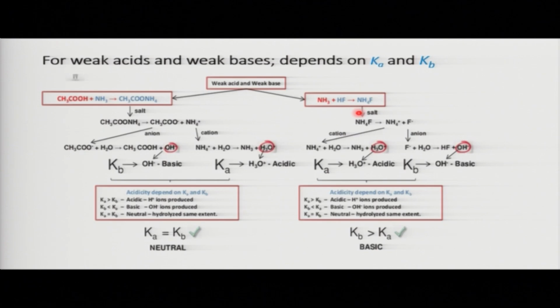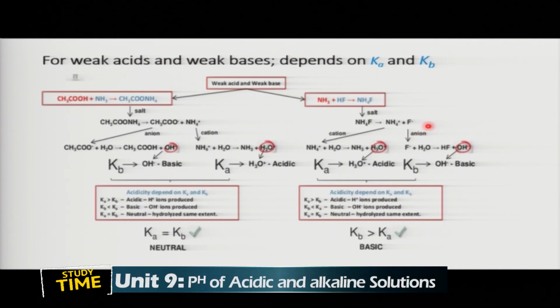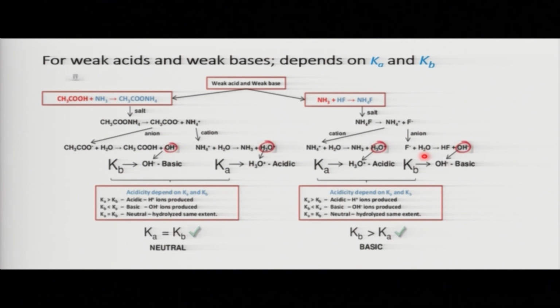But when you look at ammonium fluoride, it is different. It is basic because of the fluoride ion, which is relatively bigger, so it has a higher polarizing effect. It reacts with water to produce OH, which is in a higher amount than the hydronium brought in by ammonium.